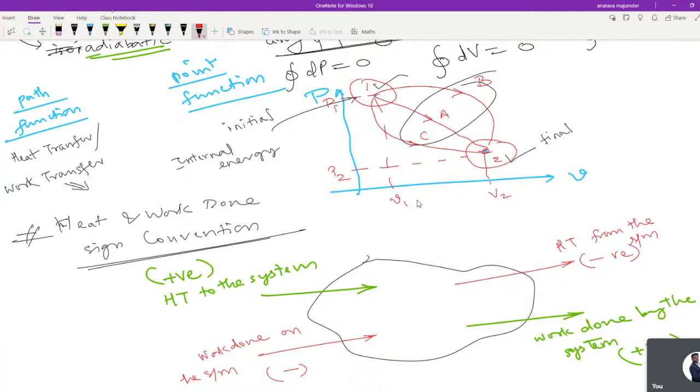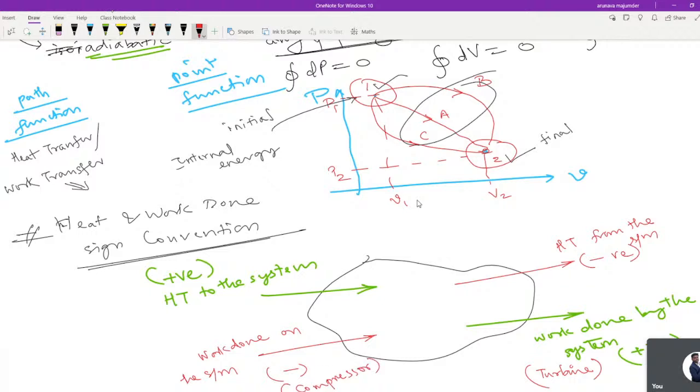For a good example, all of you know the basic parts of a jet engine. Work done by the system is an example of a turbine, and work done on the system is a compressor.